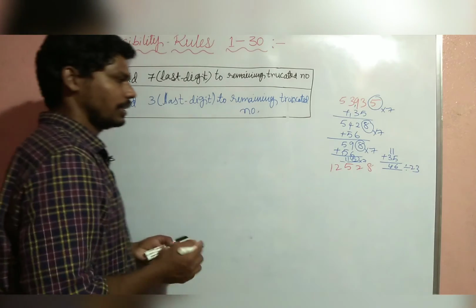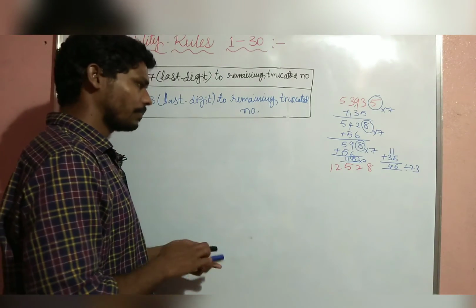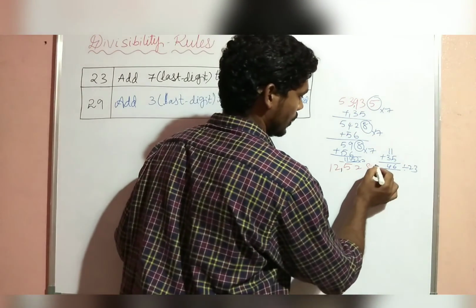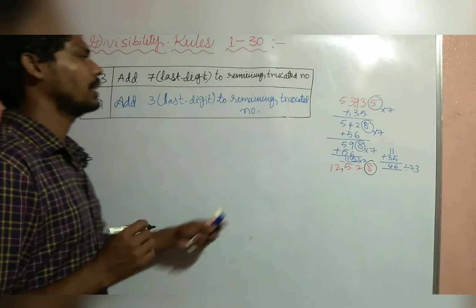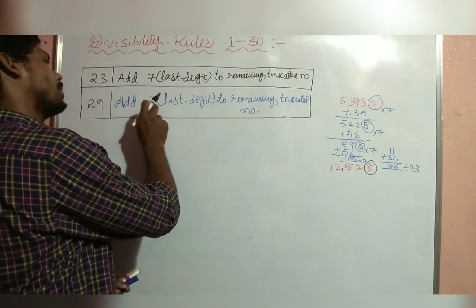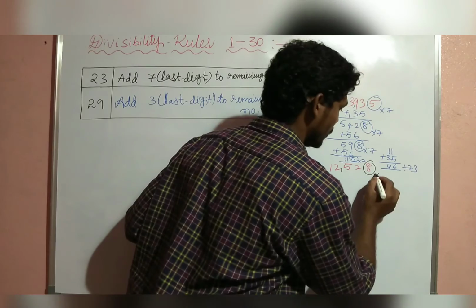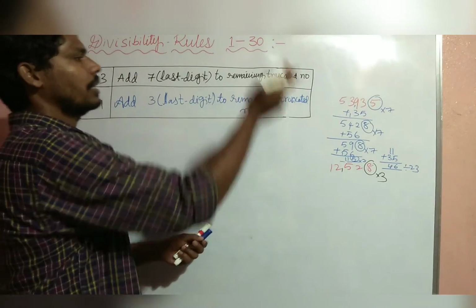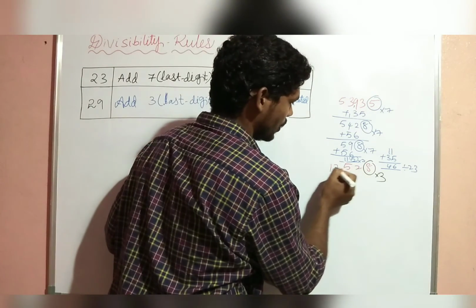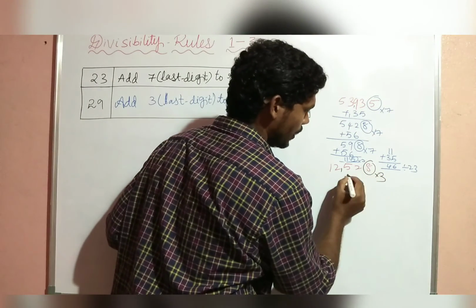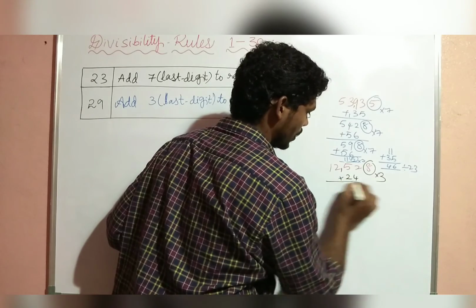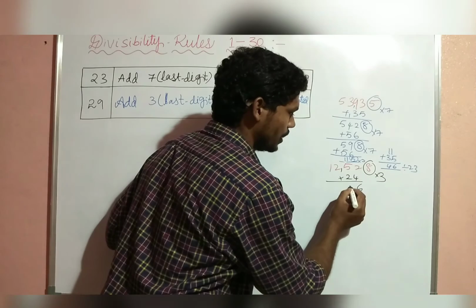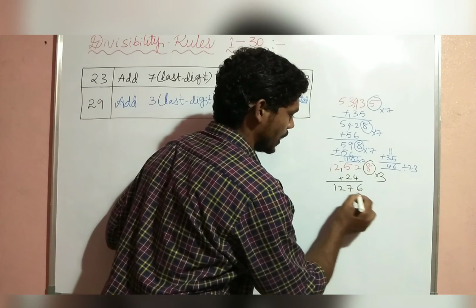Here is one more example, 12,528. The last digit of the number is 8, multiplied by 3, and that is added to the remaining truncated number, which is 1252. 8 threes are 24, added to the truncated number: 2 plus 4 is 6, 5 plus 2 is 7, 12 is as it is.